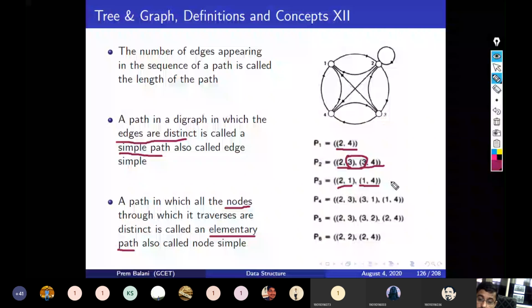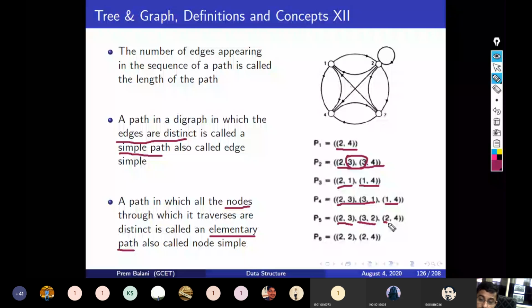And here 2 to 3 and 3 to 1 and 1 to 4. So 2, 3, 1, 4, all these nodes are distinct. So this is also an elementary path as well as a simple path, right? But now here, if you look, 2 to 3, 3 to 2, and again 2 to 4.